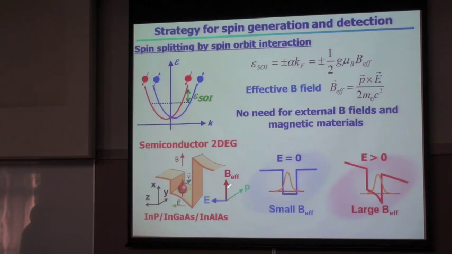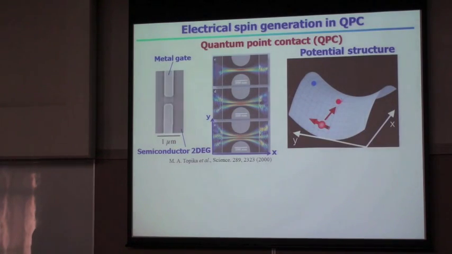So in order to use this idea in a real device, we employ the quantum point contact structure. Generally, the quantum point contact structure is based on the semiconductor two-dimensional electron gas structure. And also here are two metal gates on the surface of the semiconductor.